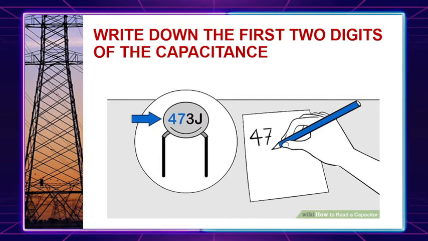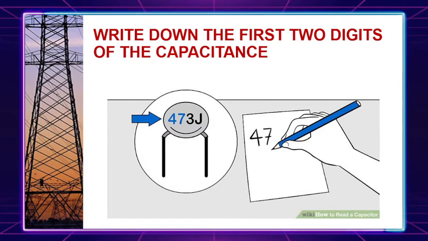Older capacitors are less predictable, but almost all modern ones use the EIA standard code when the capacitor is too small to write out the capacitance in full. So just imagine how you are going to write the value of this component since it's very small. That's why based on the EIA code or standard code, they use letters. Okay.